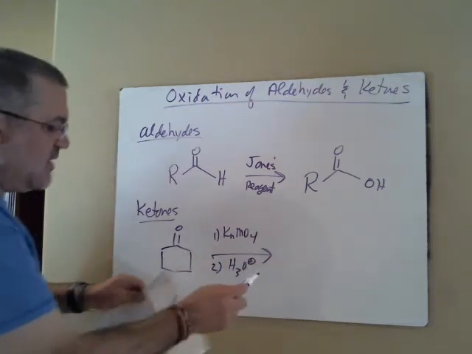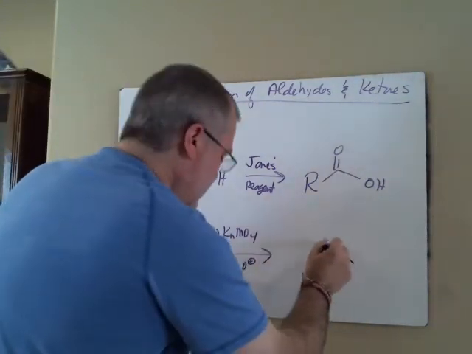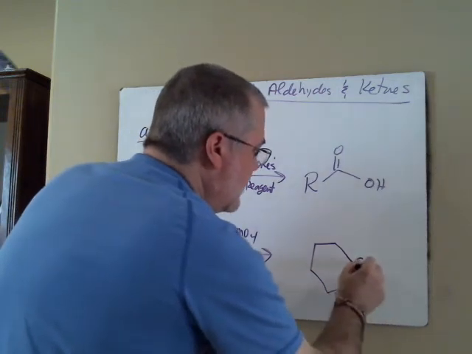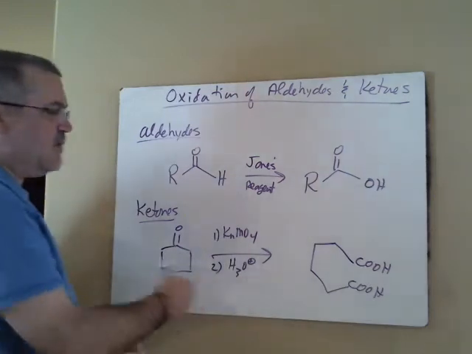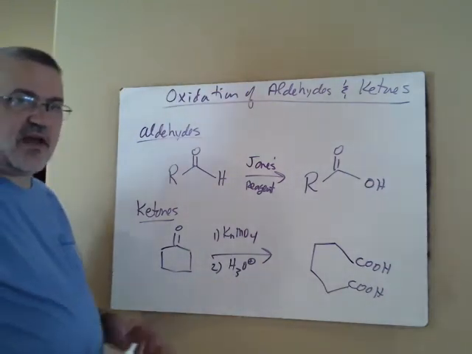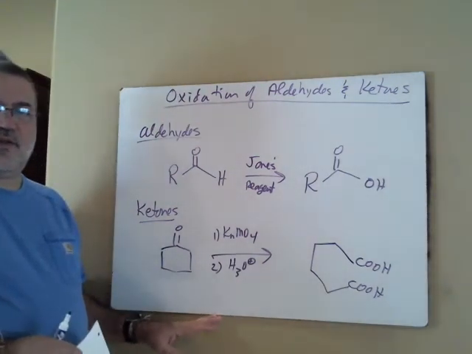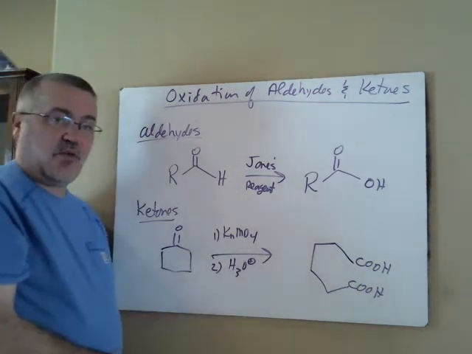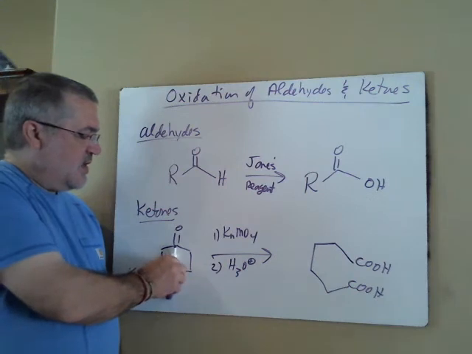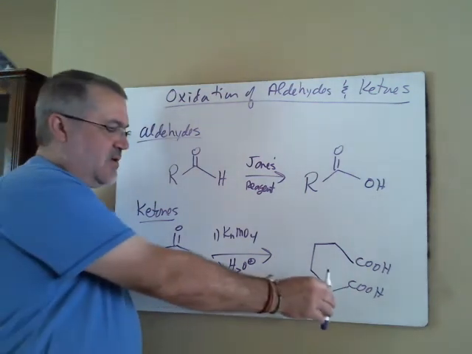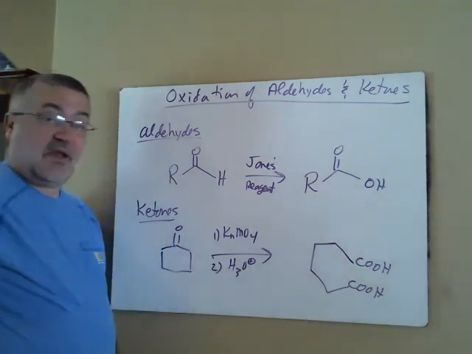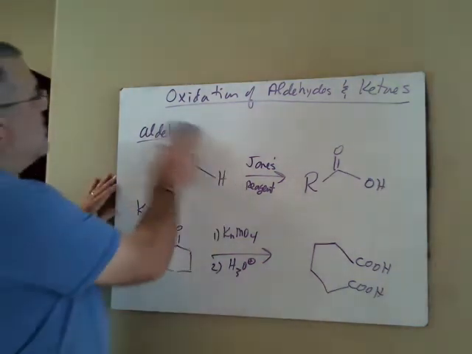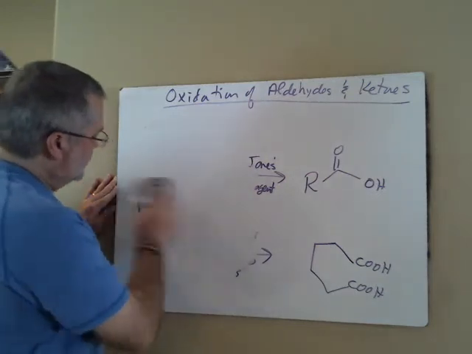It has to be cleaved open to allow the valency you need. And so you end up forming this dicarboxylic acid. Now, this reaction is rarely used. I don't think I've ever used it in a synthesis problem or anything else, but just so you know, this is a possible reaction. But the only way you can oxidize this is to actually do a cleavage. All right? So that brings us to the most important set of reactions.